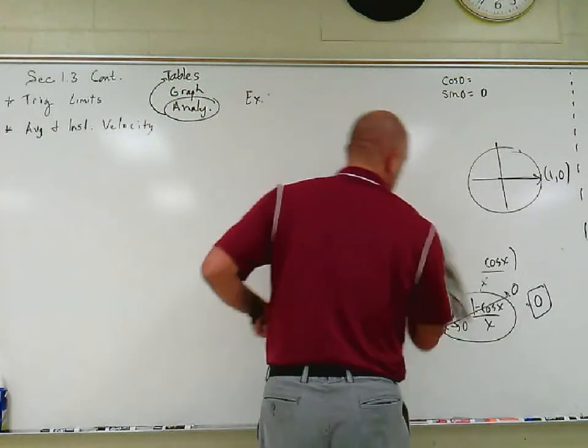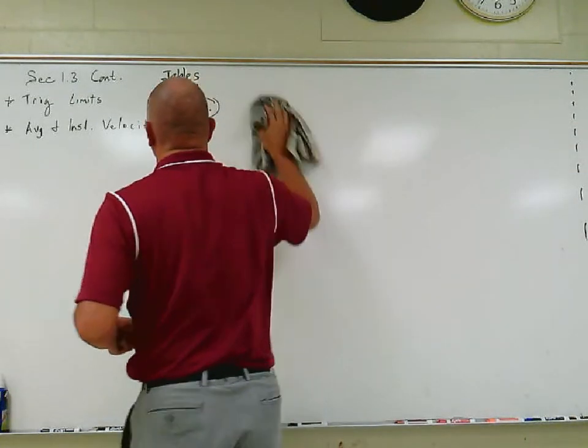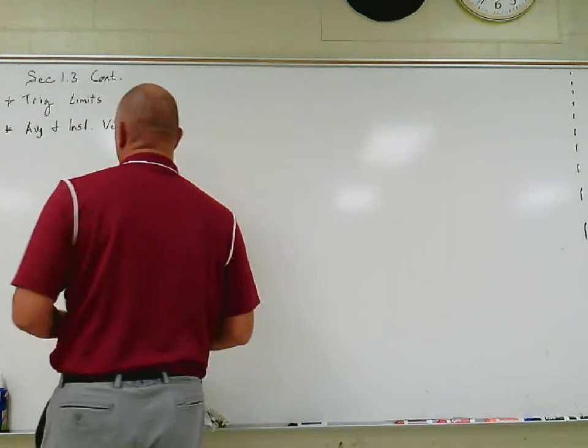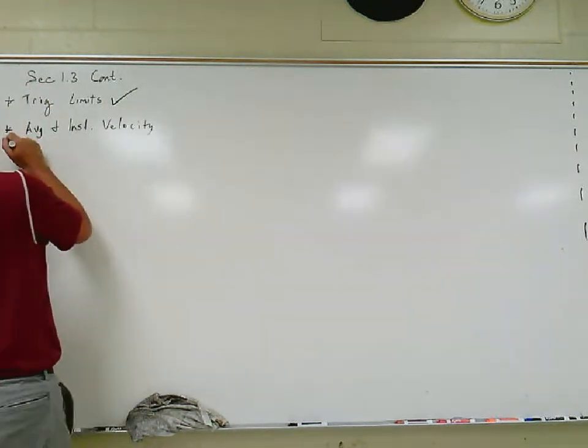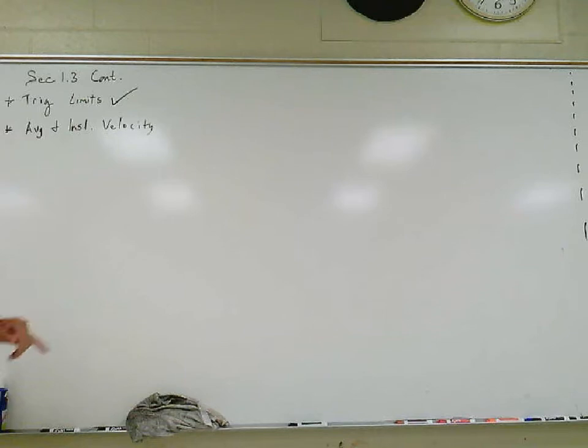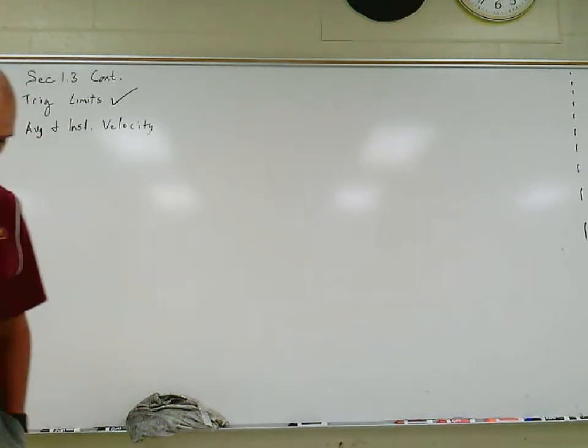Whatever you wanna call it, physics. Okay. So we have our trig limits now. I'll store these over here. They're in the video. You have it. Average and instantaneous velocity. Okay.